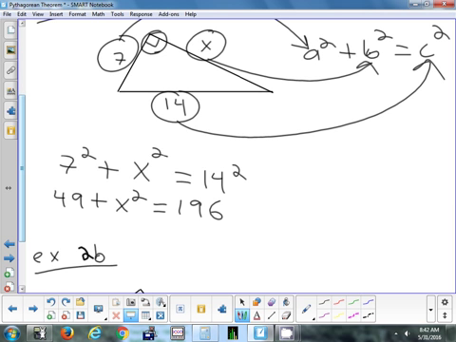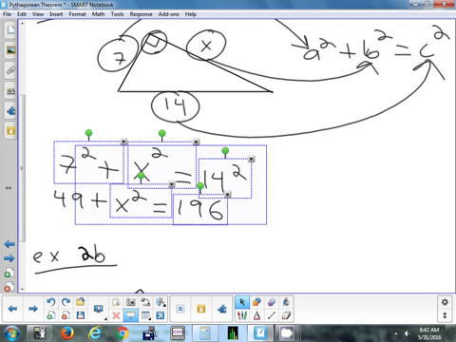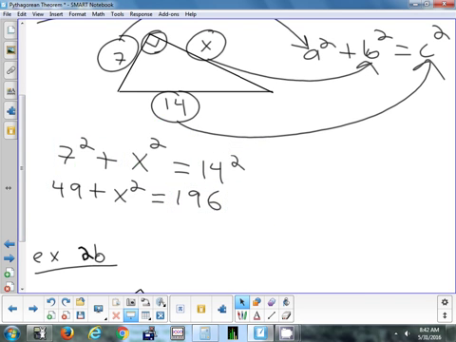All right, what am I going to do next here? Think about, we're trying to get the x squared by itself. So there's something that's next to the x squared that we don't want next to it. Well, what you would do is subtract 49 from 196 and then square root it.